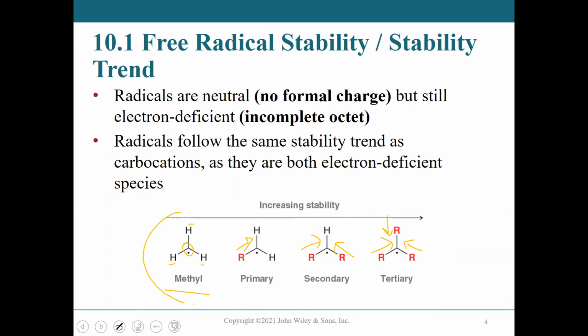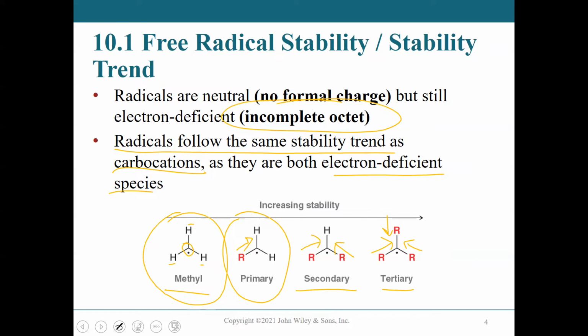You could even say that the methyl radical doesn't exist, it's highly unstable. Secondary and tertiary are somewhat stable. Radicals follow the same stability trend as carbocations. They are both electron deficient, not really because of a charge, but because of the incomplete octet. The carbon doesn't have 8 electrons.